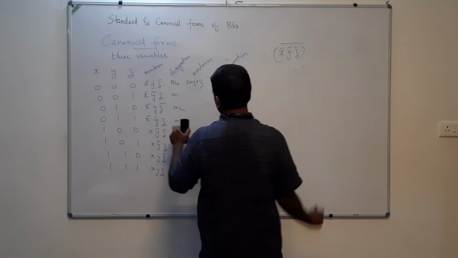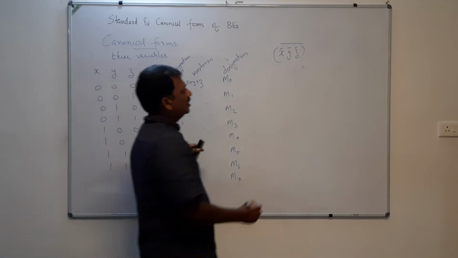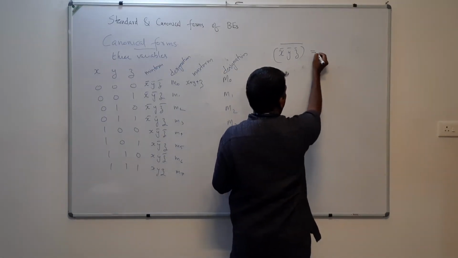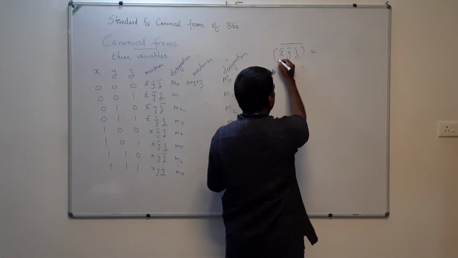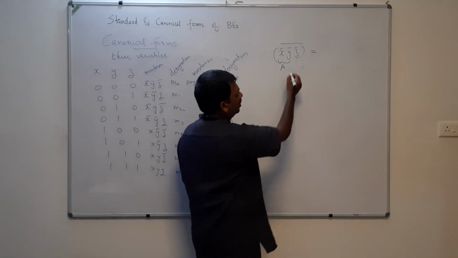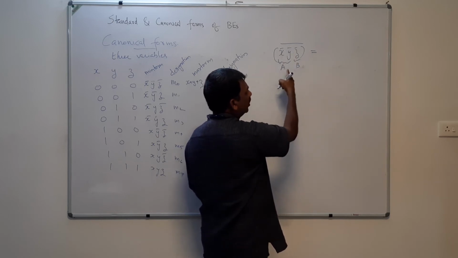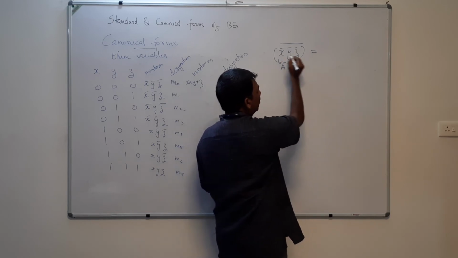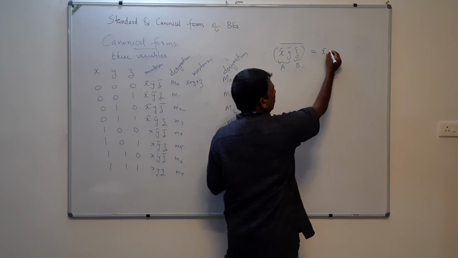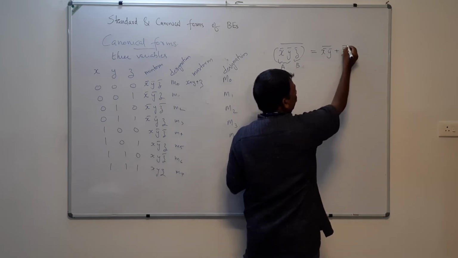As per De Morgan's theorem, I treat x bar y bar as A and z bar as B. A dot B, the whole bar, is equal to A bar plus B bar.